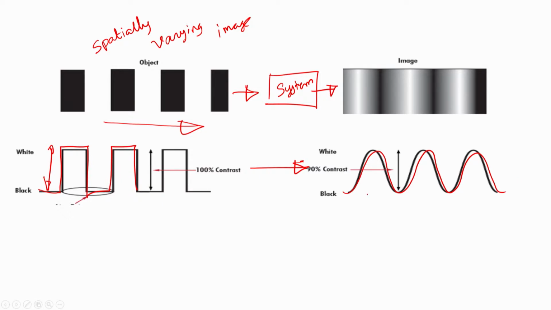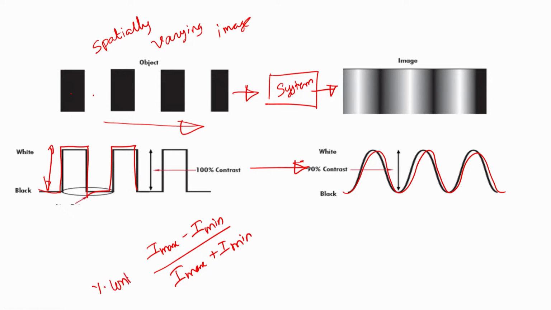So, here the contrast is 100% because there is only black and white. The contrast definition is I max minus I minimum divided by I max plus I minimum, in terms of the percentage contrast.